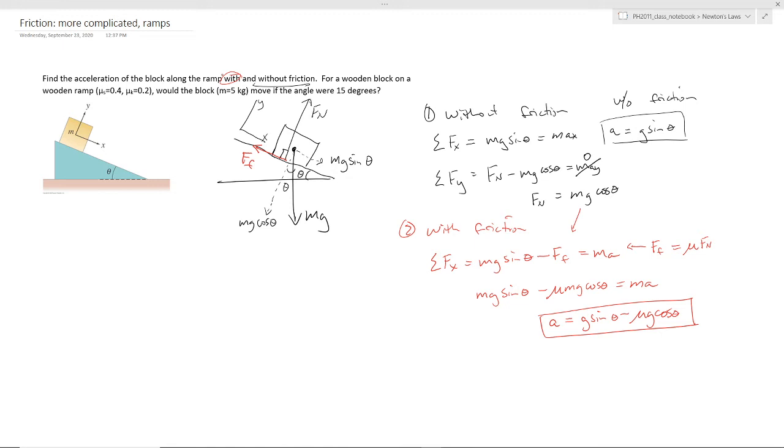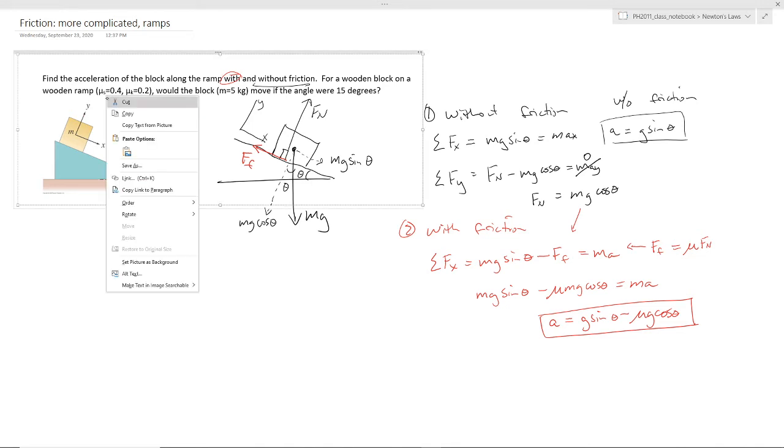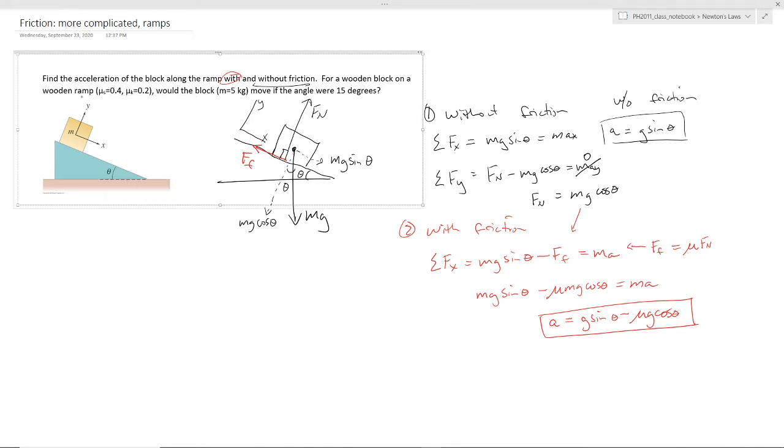Okay, and then let's look at an example here. If we look up a particular combination of materials, in this case a wooden block on a wooden surface, it'll have a coefficient of static friction of 0.4 and a coefficient of kinetic friction of 0.2. And we want to know, is this going to cause it to move?